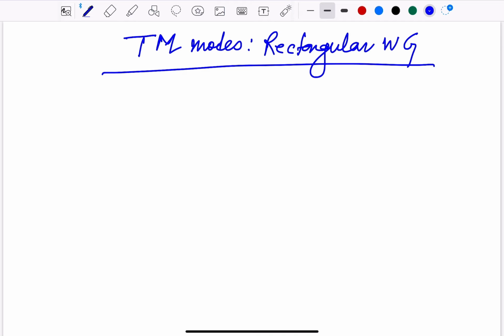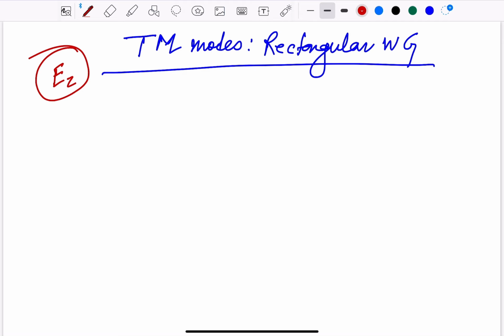Now we will directly recall the second order partial differential equation, and we are aware that for the TM mode the longitudinal component that will exist here is Ez.